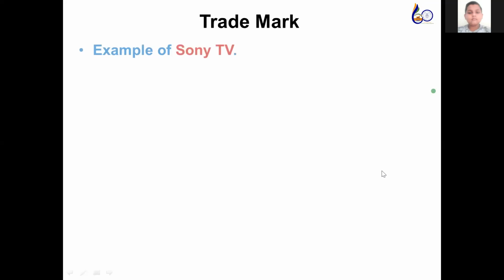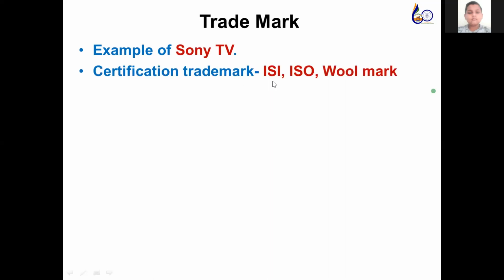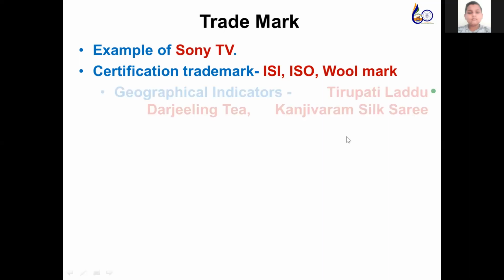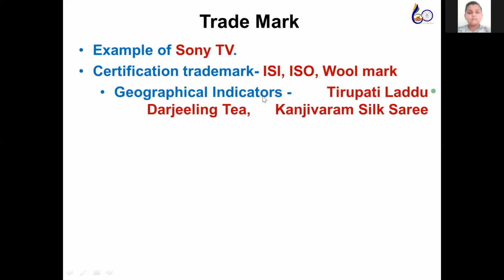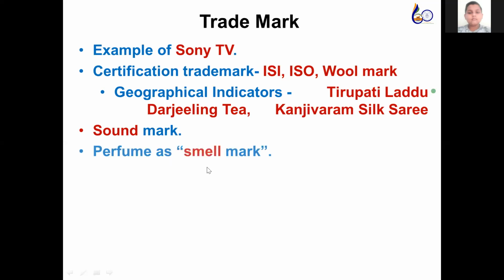Example of Sony TV, जो Sony लिखा रहता है, ठीक है। So ISI, ISO, Woolmark, ये सब जो ट्रेडमार्क्स जो कंपनी वाले यूज करते हैं, ये सारे हैं। Geographical indicators भी मैंने बोल दिया, जिसका मतलब ट्रेडिंग के लिए ये यूज होता है। तिरुपति बालाजी का लड्डू, दार्जिलिंग टी, कांजीवरम साड़ी, there are few examples. Sound mark, Windows का sound मैंने बताया। ये सारे जो है people have taken the registration, people have taken the trademark of that. Perfume, मतलब किसी परफ्यूम का स्मेल भी आप smell mark करके उसको भी ट्रेडमार्क कर सकते हैं। मतलब उसका स्मेल आते ही आपको पता लगे ये उस ब्रांड का है, is it not?